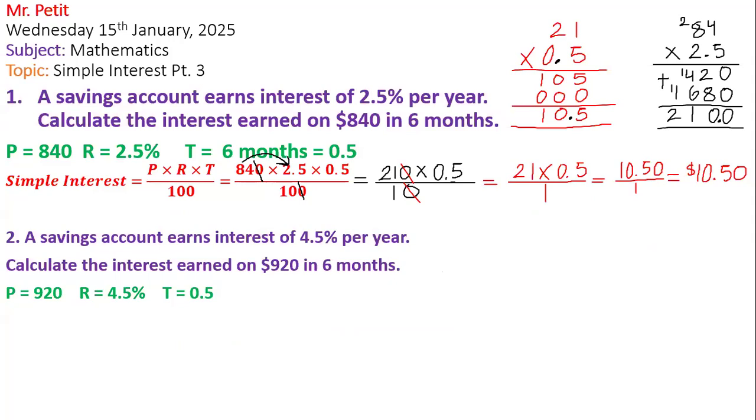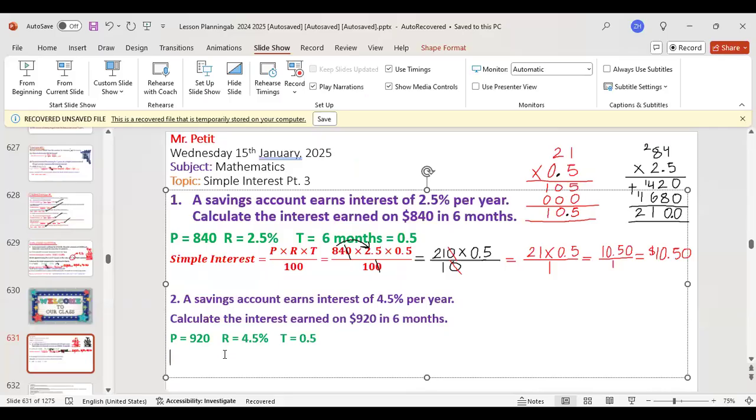All right. So the principal is 920. The rate is 4.5%. And the time is 0.5 years. So let's go ahead and multiply these things. Anyone got an answer yet?